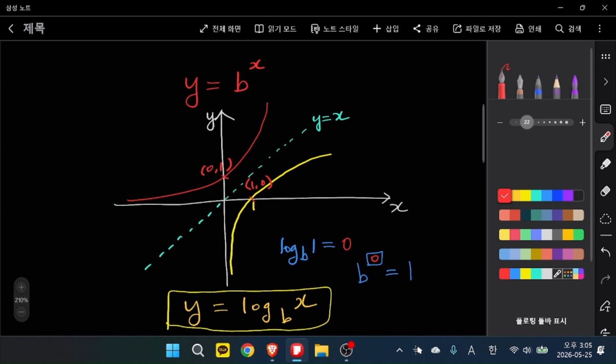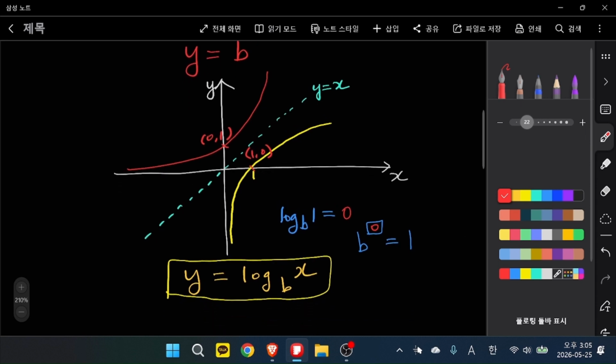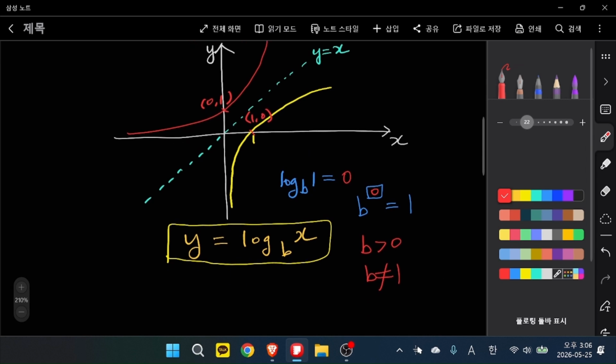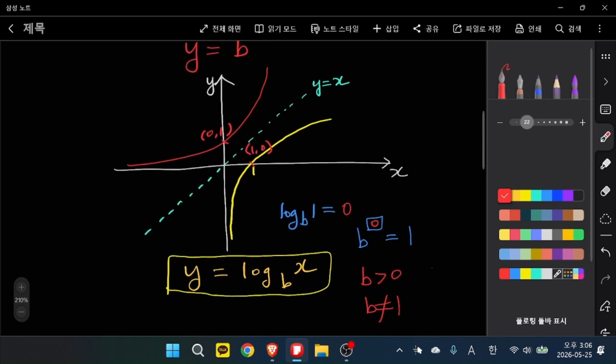There is one more thing. The base b must be positive, and b cannot equal 1. Why must b be positive? Because in an exponential function, the exponent can be any real number.